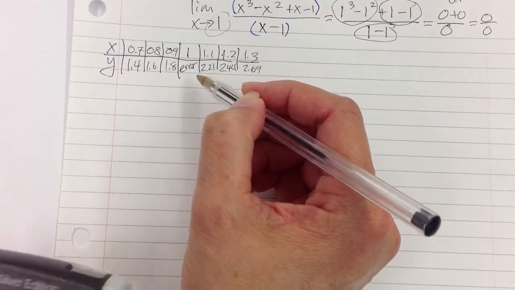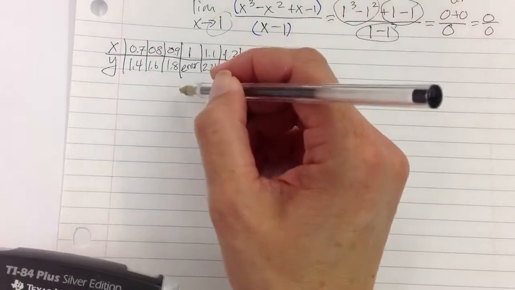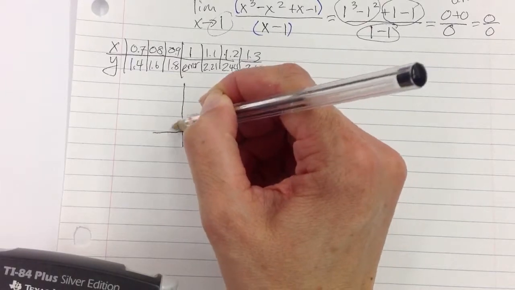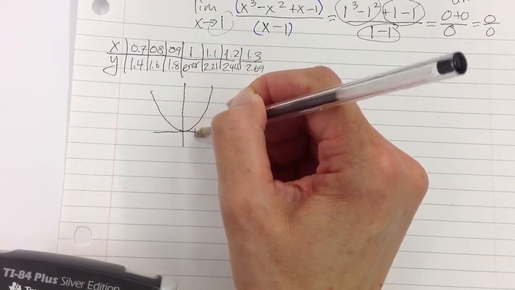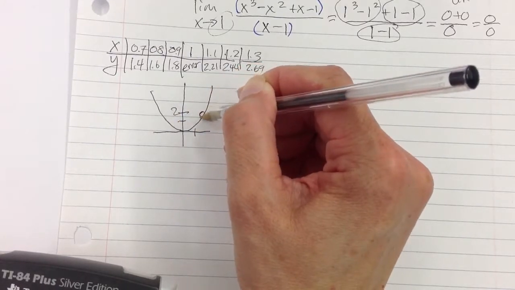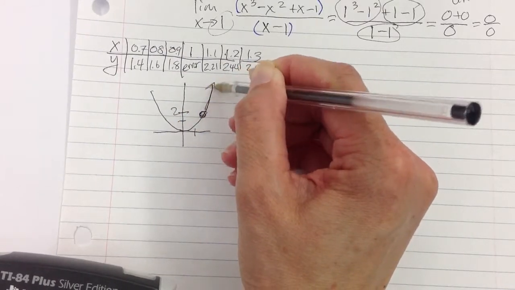So the graph looked like this. And at 1, 2, there's a hole. So I should have put a hole there.